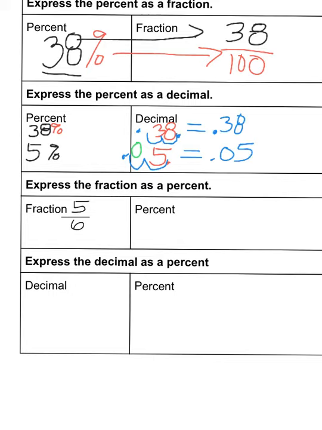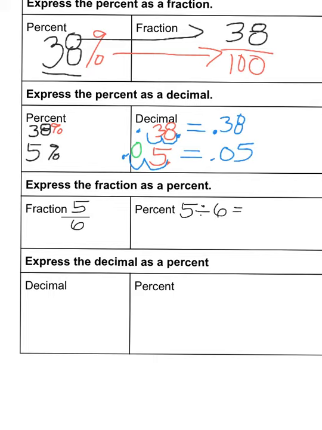I do that simply by dividing my numerator by my denominator. That means I'm typing my numerator in the calculator first, or if you're doing it by hand, I would do 5 divided by 6.